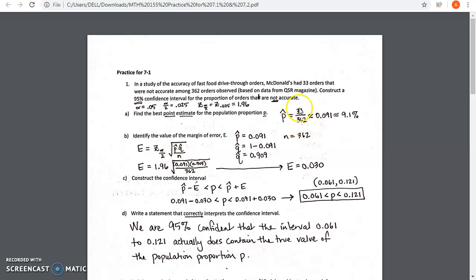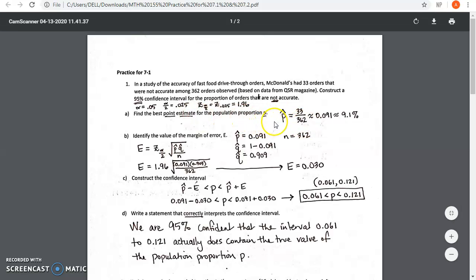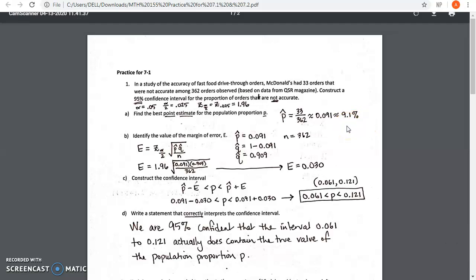When you divide, you get approximately 0.091, which is 9.1%. So the best point estimate for the population proportion P is p hat, which is 9.1% of the orders we would assume would be not accurate.